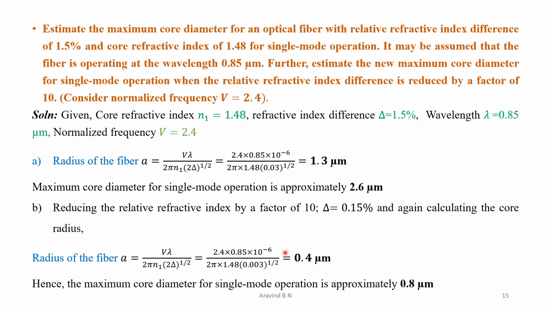So this is the radius of the fiber. The corresponding diameter will be exactly double of this, that is equal to 0.8 micrometer. So we can identify that changes in the relative refractive index also cause variation in the core diameter.